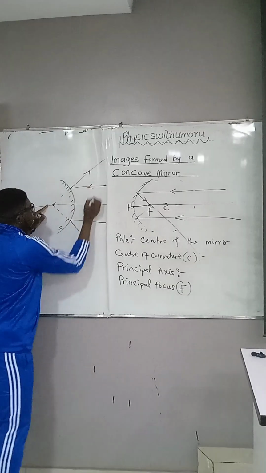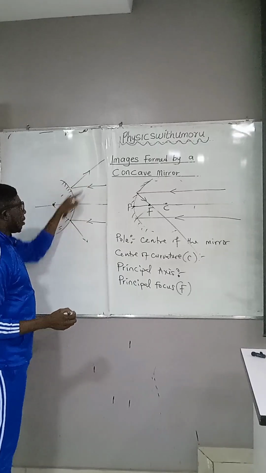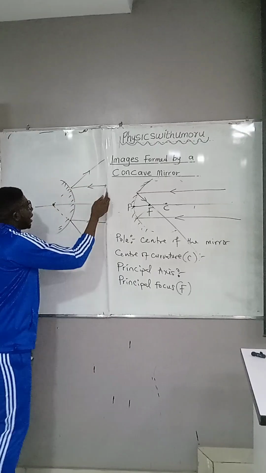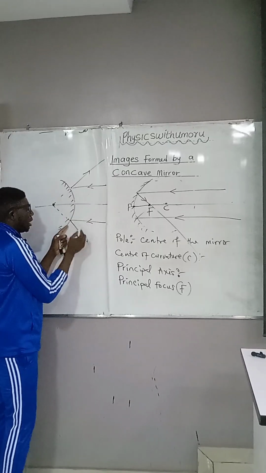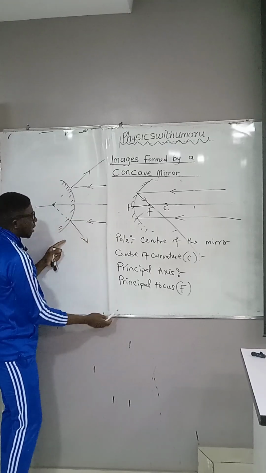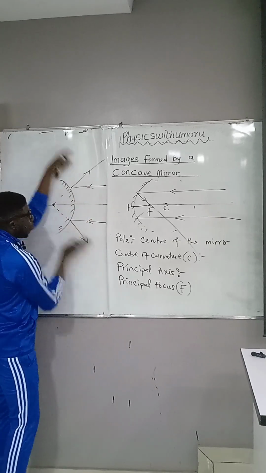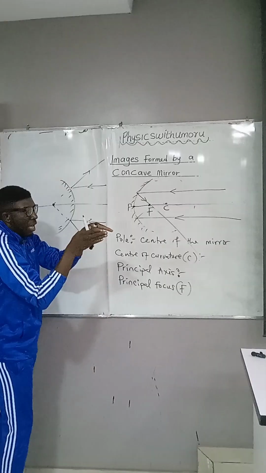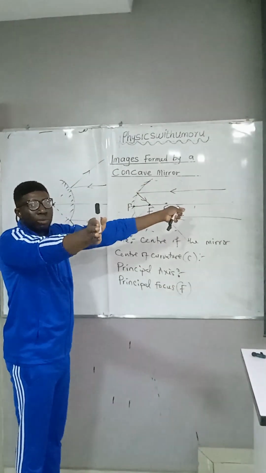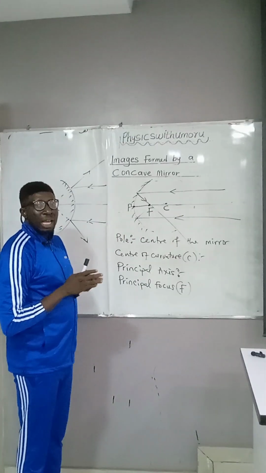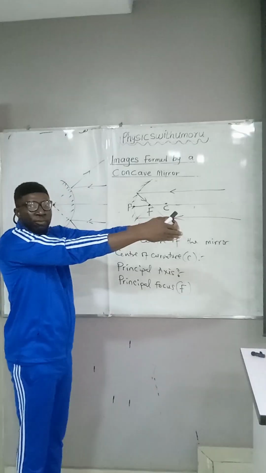So if these will be the incident rays coming from the source, and these rays are parallel to this principal axis, when they hit this convex mirror, they will diverge, move away. Instead of coming together, they move away. So this is what happens for the convex mirror when they are reflecting. They move away, but for concave mirrors, they converge, they move together.